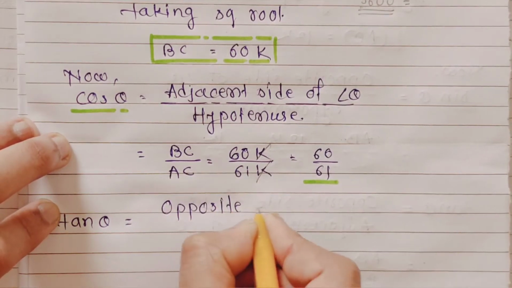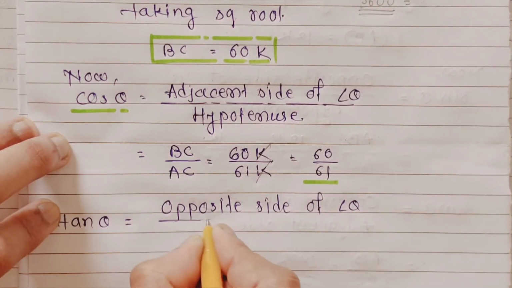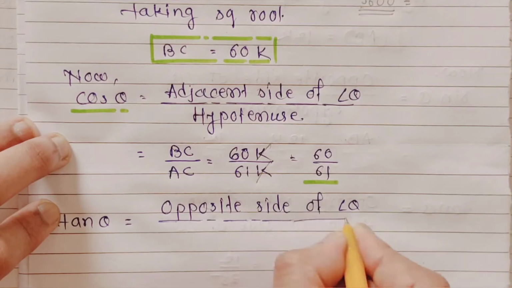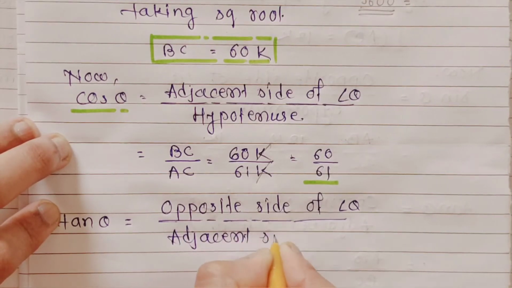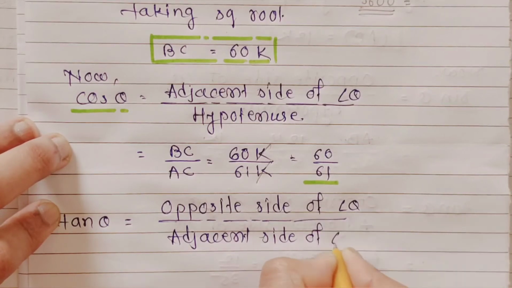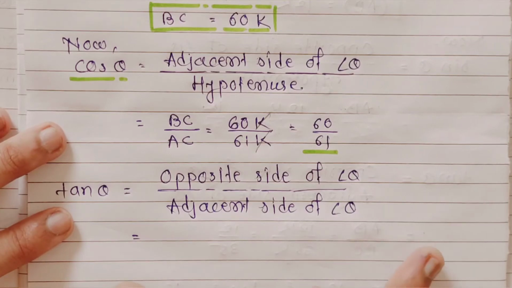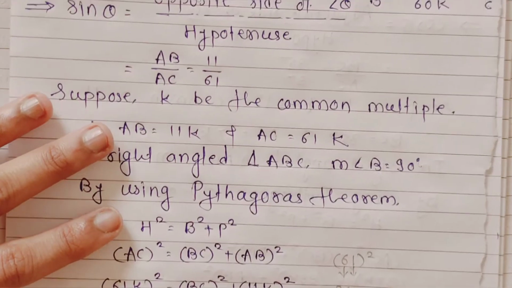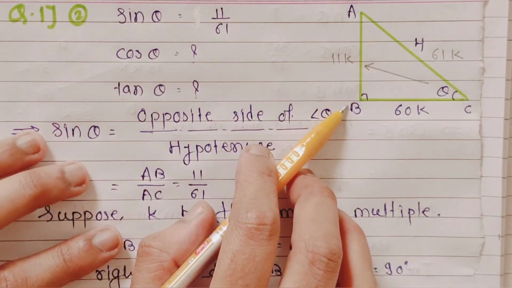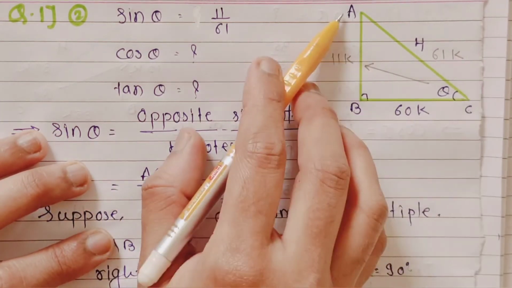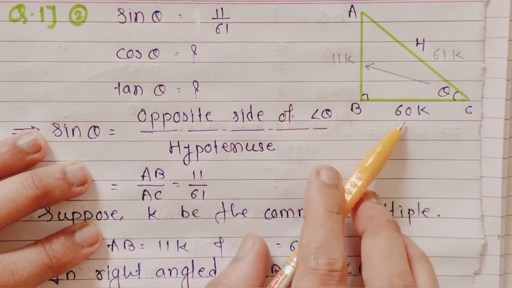Opposite side of angle theta upon adjacent side of angle theta. So opposite side of angle theta, let me see the figure. Opposite side is AB, adjacent side is BC, so the ratio is AB upon BC, which is 11K upon 60K.